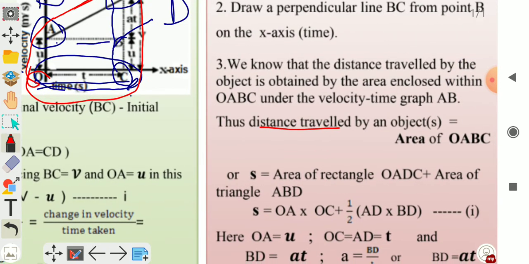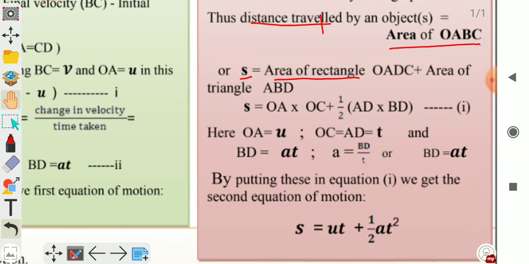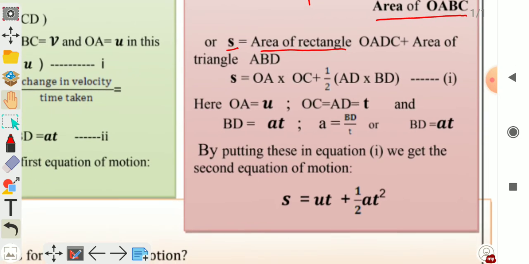So you have to find the area of OABC. Area S, area of rectangle and area of triangle ABC. So area of rectangle is ADCO, this area, and area of triangle ABD.